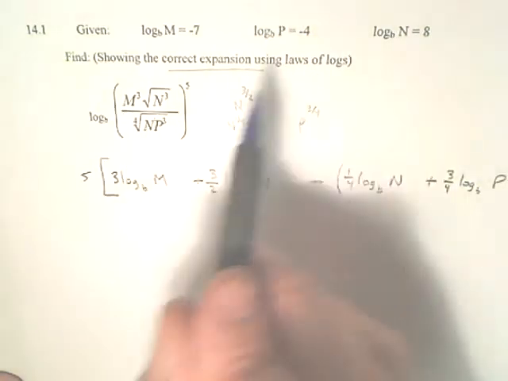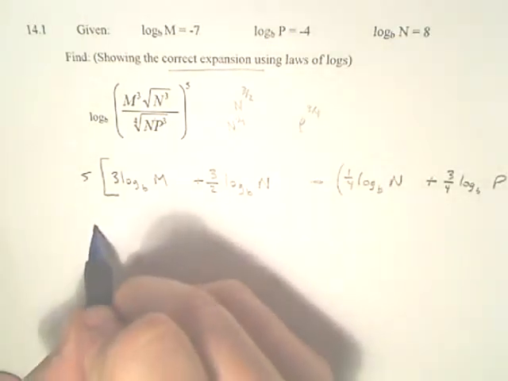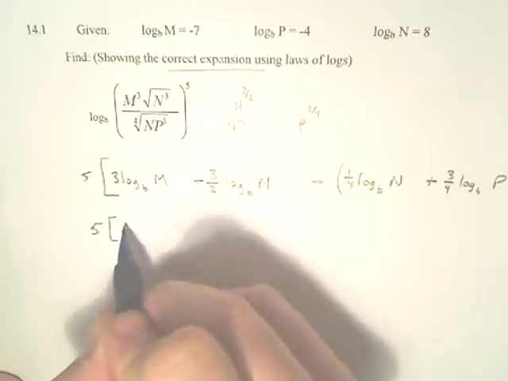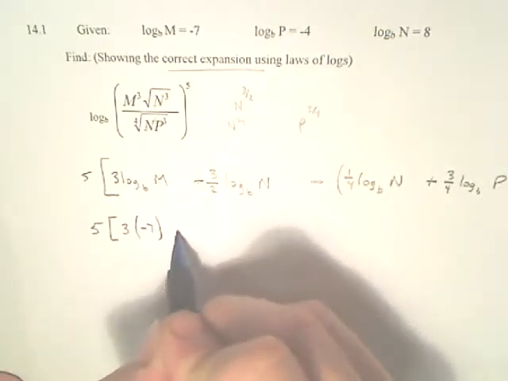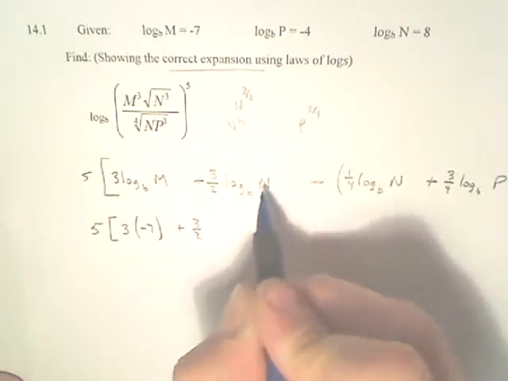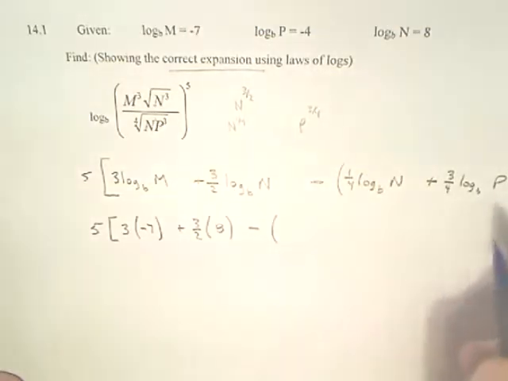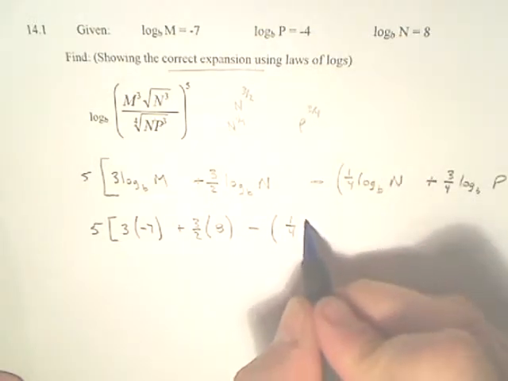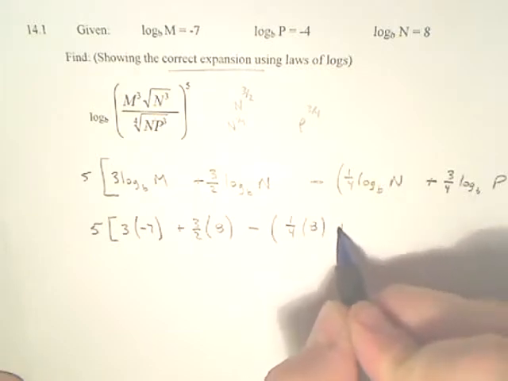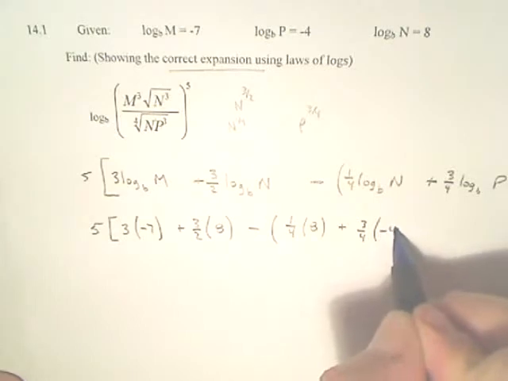And now we just use quick numerical substitutions to find an answer to it. So we substitute log bm with a -7, the log bn with an 8, and all of these are arbitrary. They change from week to week. Log bn again is an 8, and log bp is the -4.